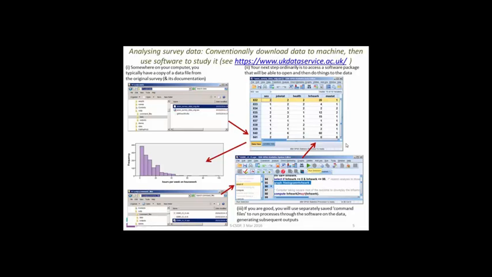So it's possible that you've got used to using software like this, but without this command file structure. When you are dealing with larger, complicated secondary survey resources, it is much more preferable to be working in this manner with command files. Again, see our workshop on this topic for a little bit of expansion on this and some examples that you can have a look at if you're interested to.